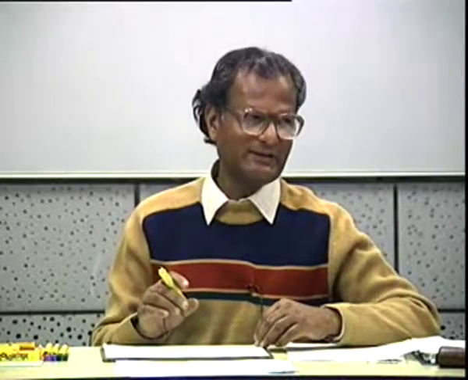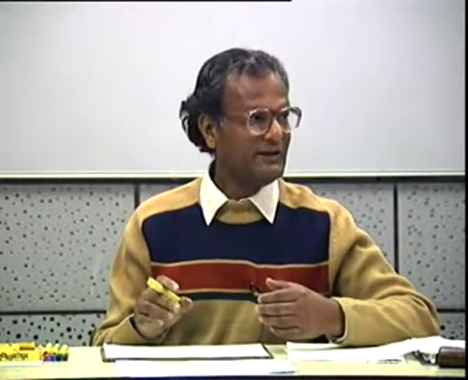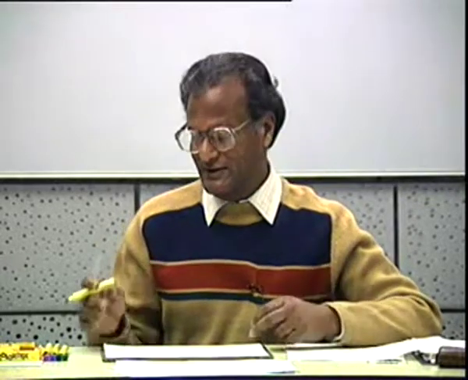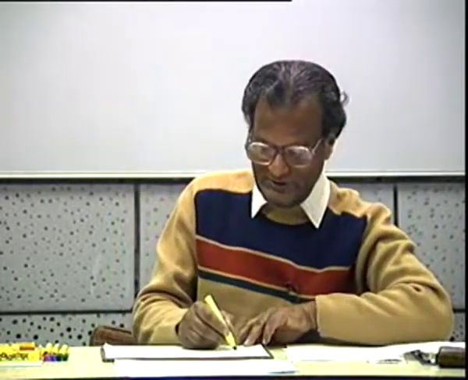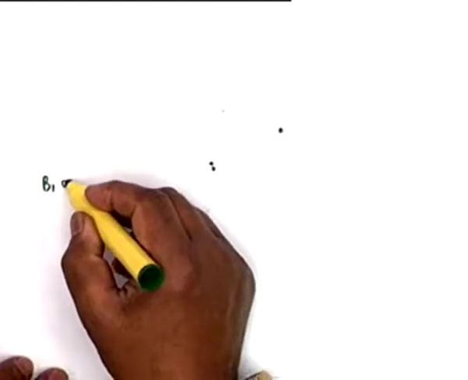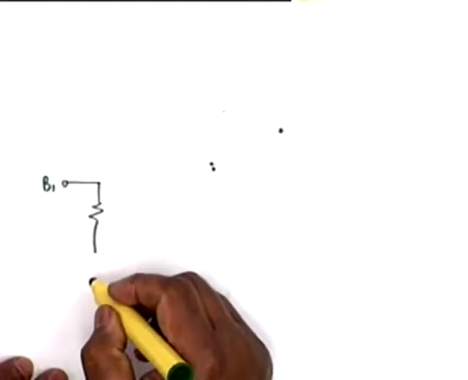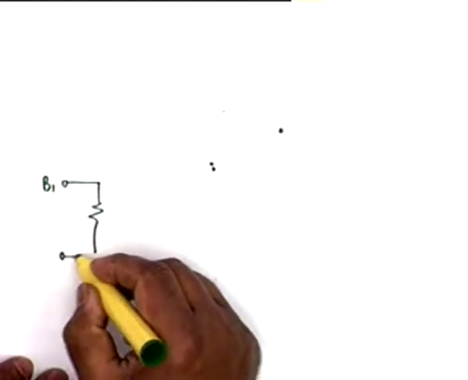Now this result that the effective load is R03 parallel R01 has been derived by inspection, by observation. Let us see if this is correct by drawing an exact equivalent circuit. We will see something very funny there, and that is why this equivalent circuit should be drawn with caution. We start from B1, base 1 of the transistor Q1. It is always a good practice to identify the terminal.